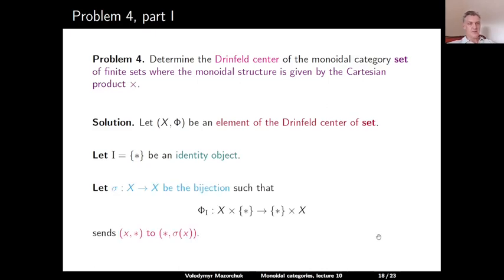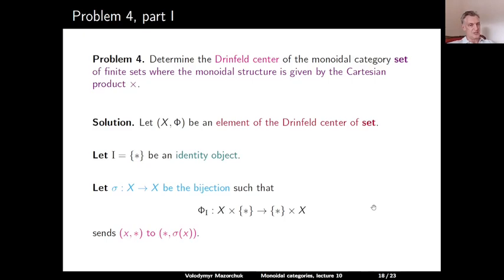Then we have the map phi evaluated at our singleton I. This should be a bijective map from x times star to star times x. So this must be given by some bijection sigma from x to x, so that phi evaluated at the identity sends (x, star) to (star, sigma of x).